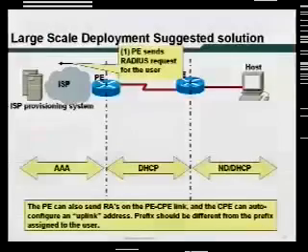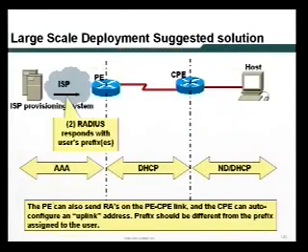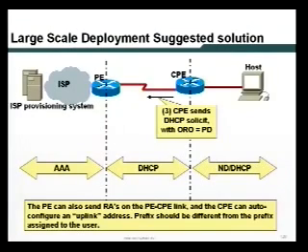The PE router receives that packet, talks to the RADIUS server, authenticates this customer, and gets from the RADIUS the information that it needs, whatever prefix it can give to that customer. Then the PE router tells the CPE router, "Hey, I'm a DHCP-PD router. I can give you a prefix." The CPE router comes back and says, "Okay, fine. How about you give me a prefix?" And it sends a solicit saying that it's looking for prefix delegation.